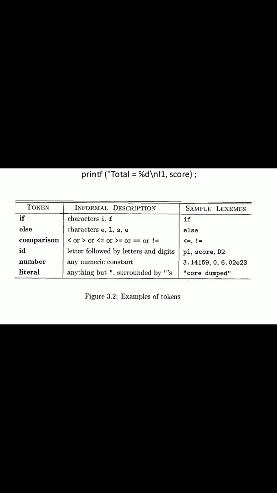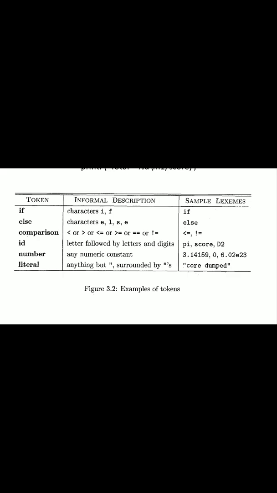And then the identifier, we have seen that a letter followed by letters. For an identifier, your lexeme could be something like pi, score, d2. It means that anything which begins with an alphabet followed by a letter or digit will be considered an identifier.